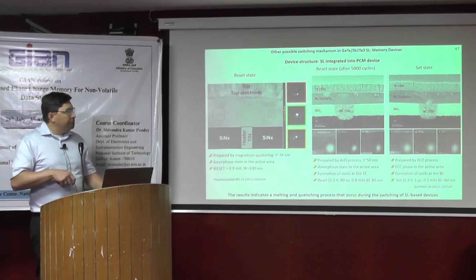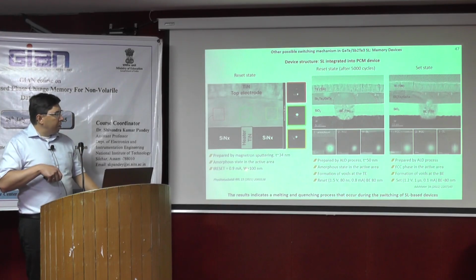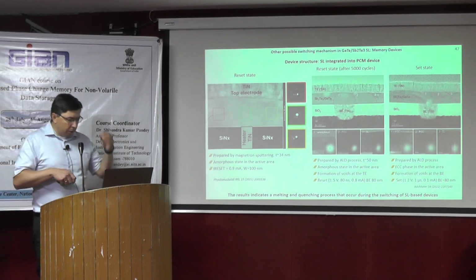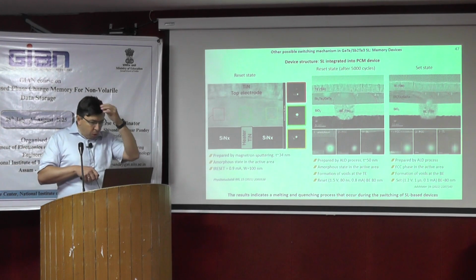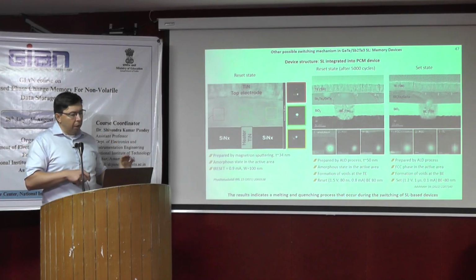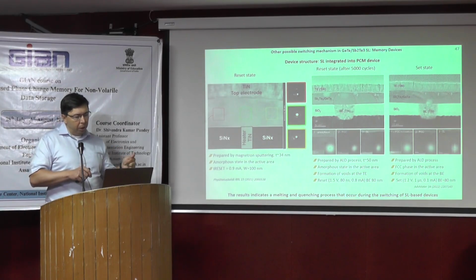But anyway, both systems showed high endurance, very nice switching properties, low power consumption, and low current density switching. But here we see a transformation from crystalline superlattices to amorphous superlattices.